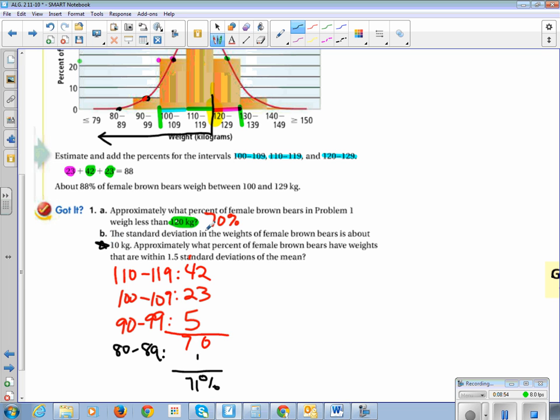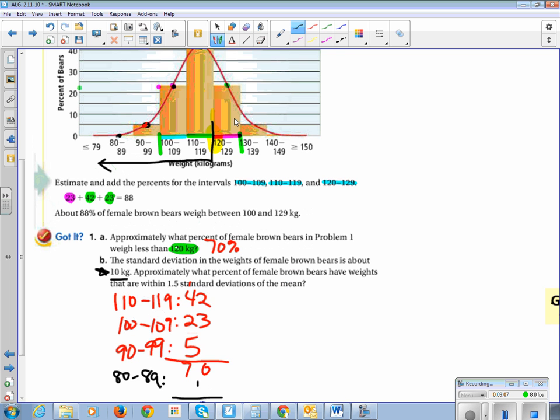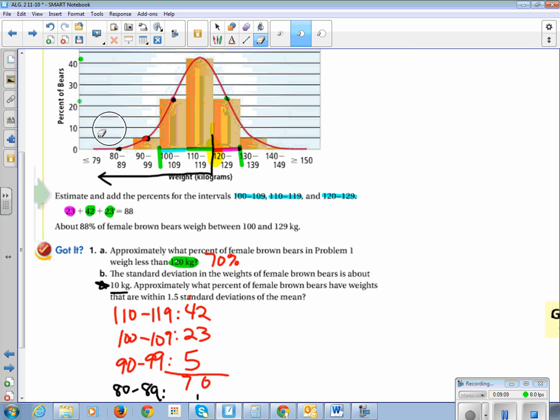The standard deviation in the weights of female brown bears is about 10 kilograms. Approximately what percent of female bears have weights that are within 1.5 standard deviations of the mean? So let's clear our chart so we can get a good view. Within 1.5.